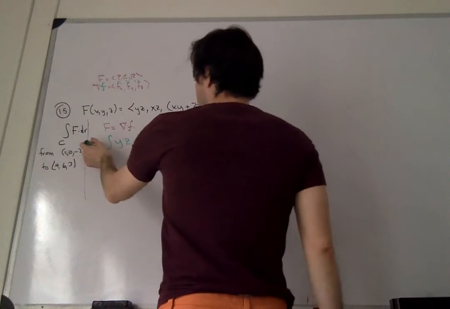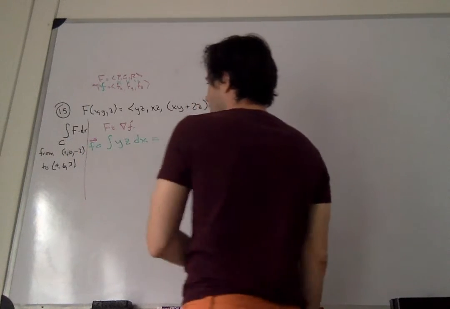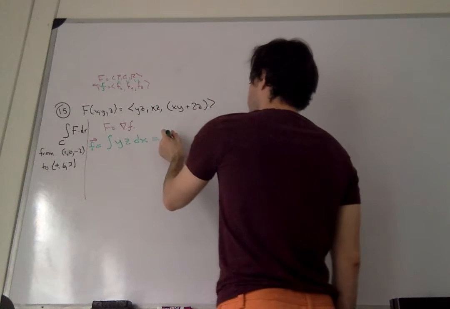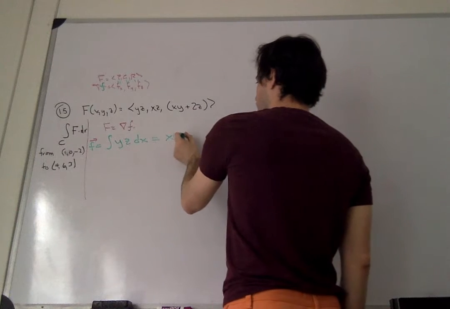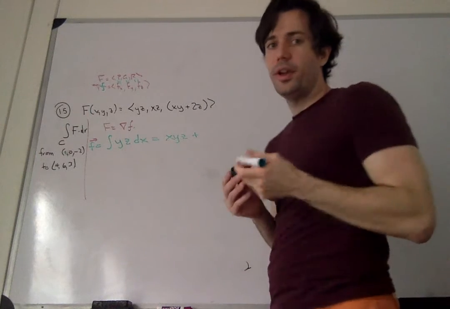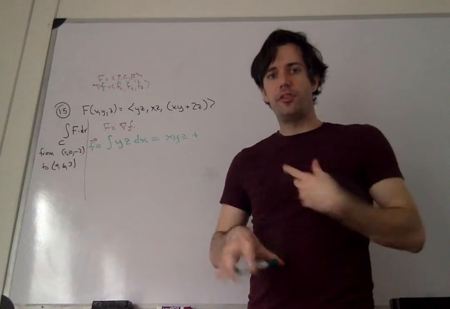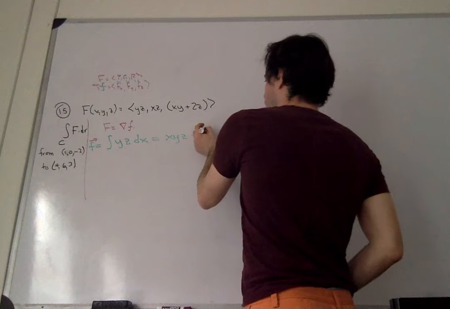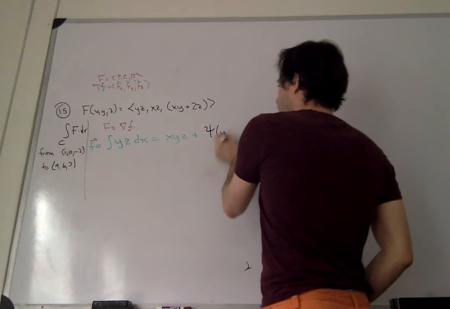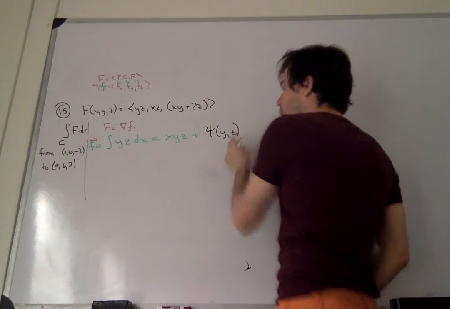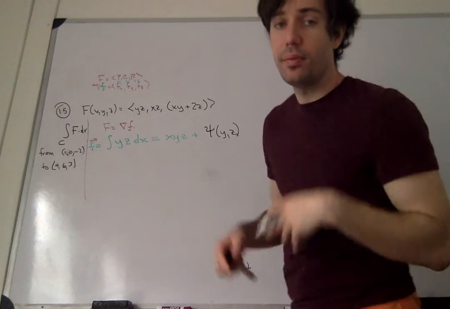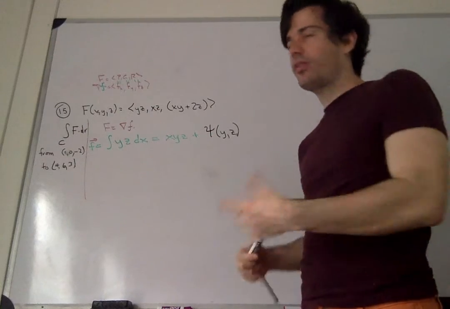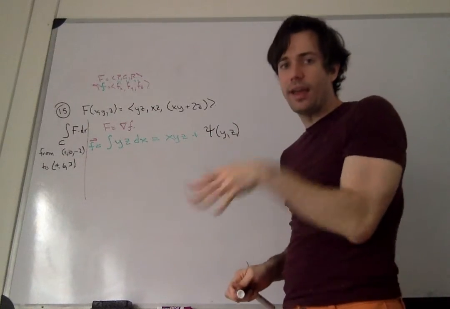So f is going to equal the first component integrated with respect to x. There's no x here, so that's going to just give me xyz. Now here's the thing. Remember last time, after I finish integrating, I have to pick up the other variables. So this time I'm going to pick up a function, and I'll call it psi. And psi is going to be a function of y and z, because to go back, I would take a derivative with respect to x, and that would kill off any y's and any z's.